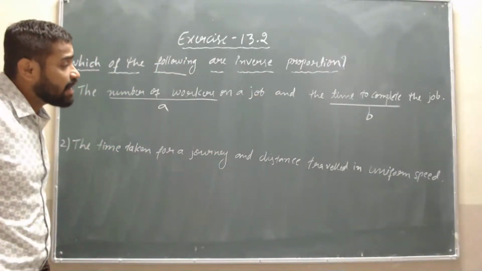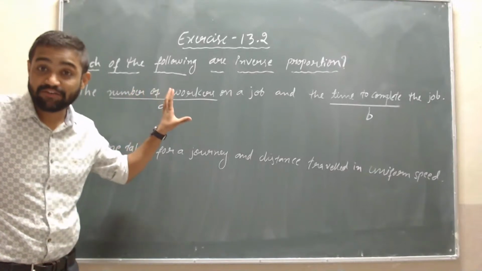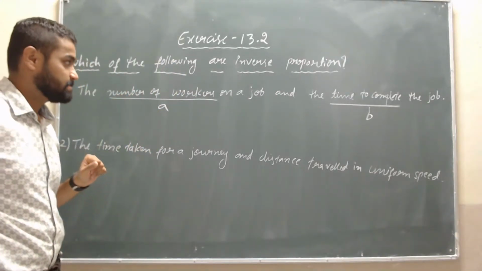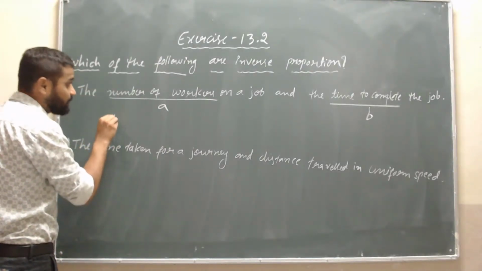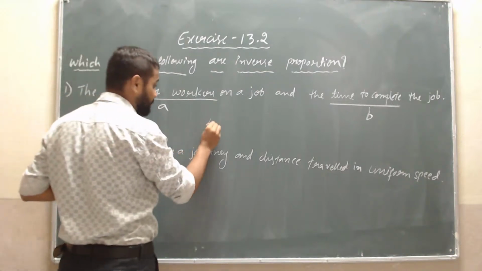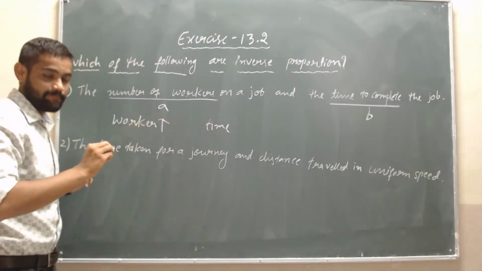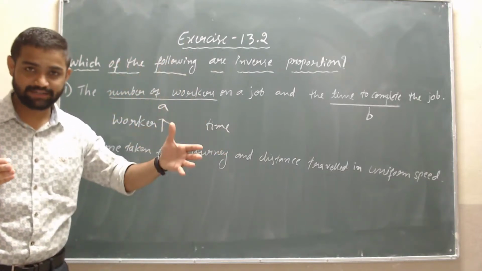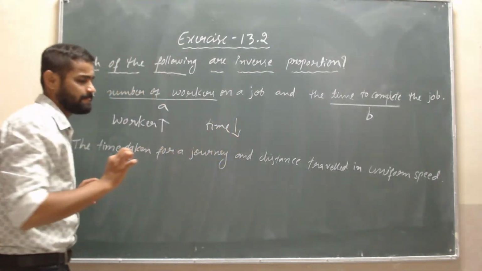Then we have to tell whether this statement will obey inverse proportion or not. How to check? See here. If the number of workers increases to construct a room or do some work, then the time will decrease, students.